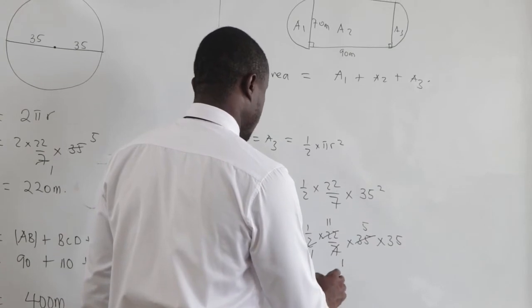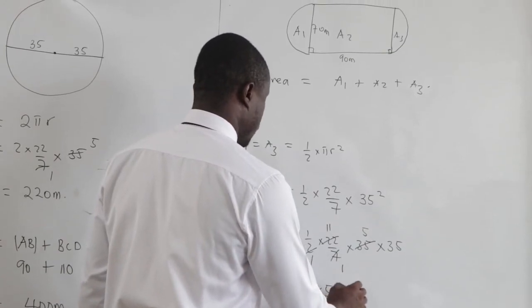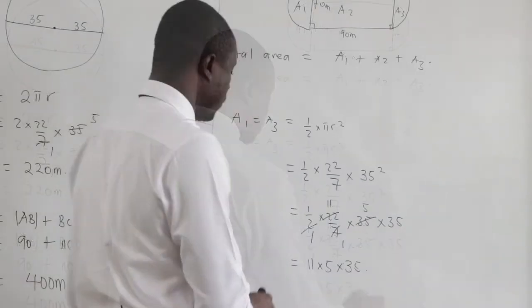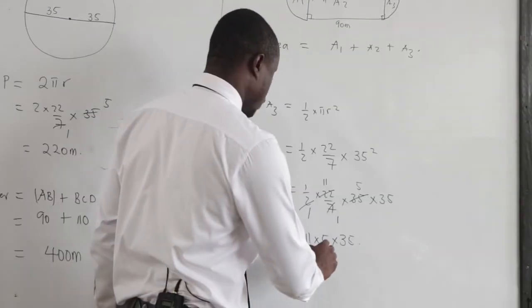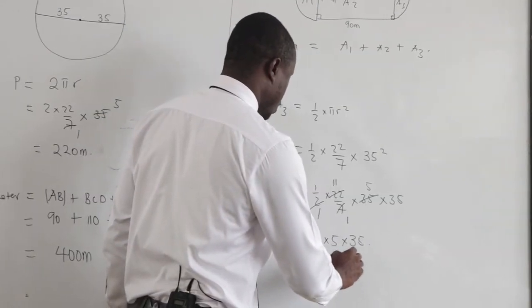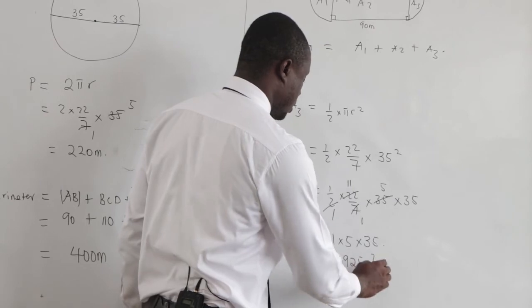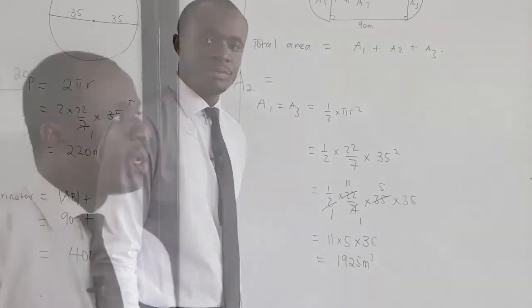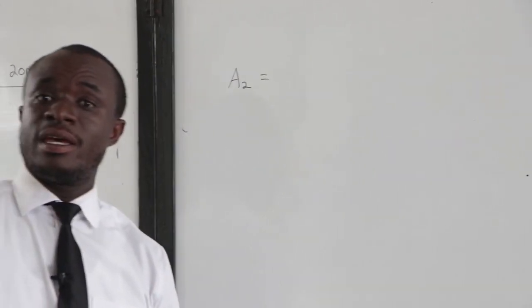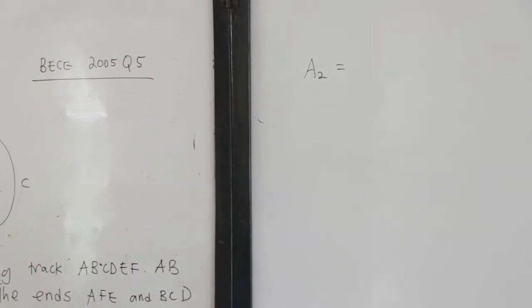So we have 11 times 5 times 35, and this will give us 1,925 meters square.